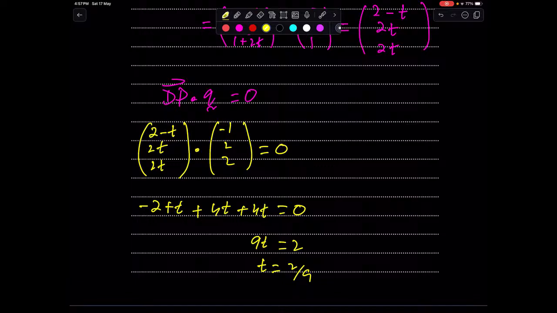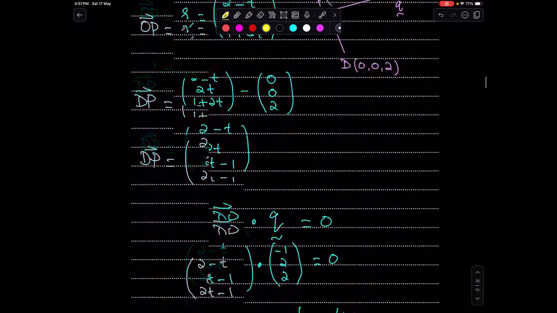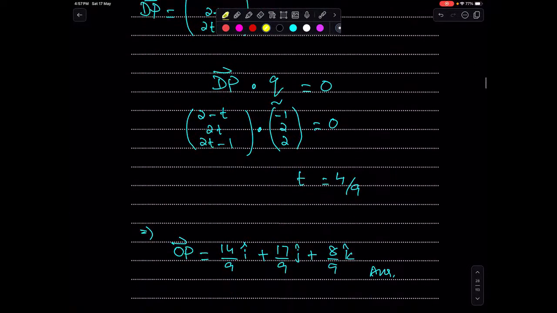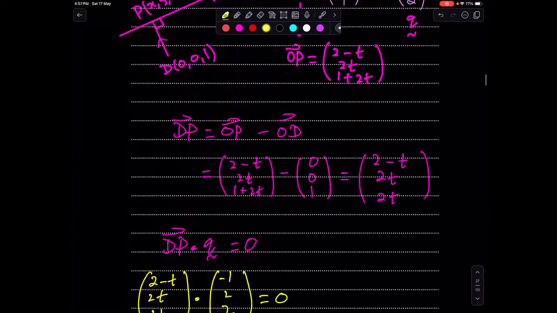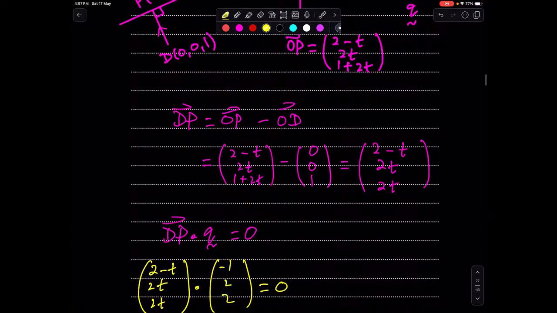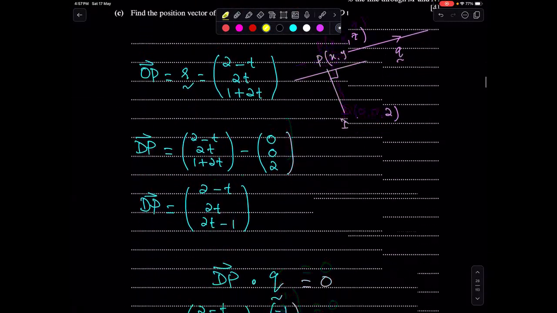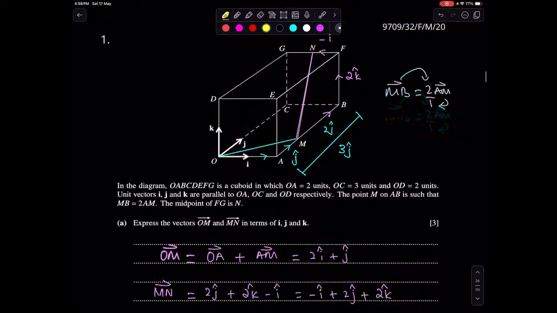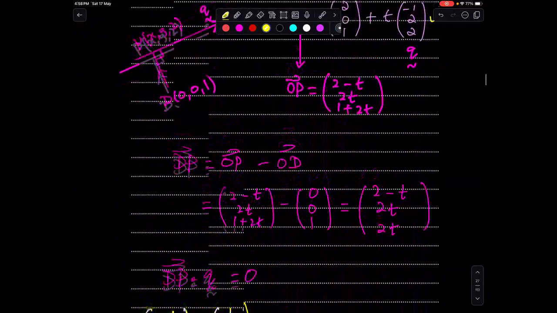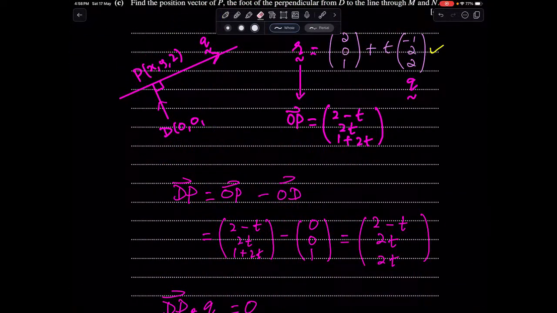Okay, so 1 plus 2t. Okay, this is 0, 0, 2. D is 0, 0, 2. Yes, the coordinates of D are 0, 0, 2.